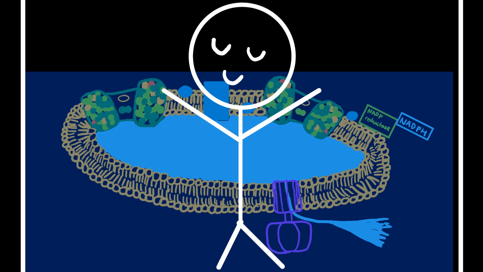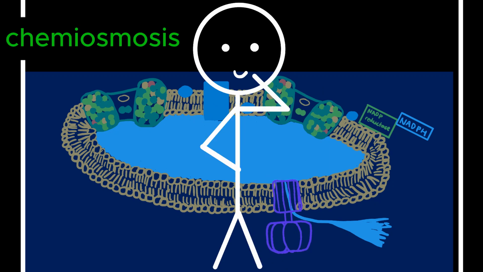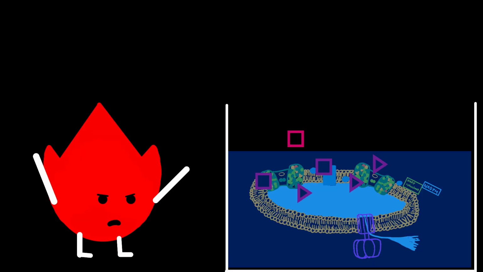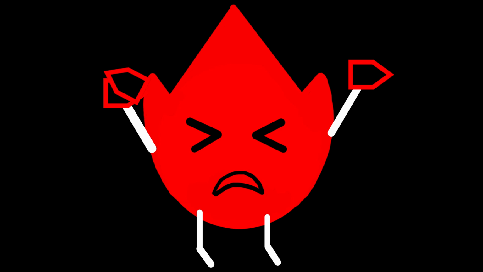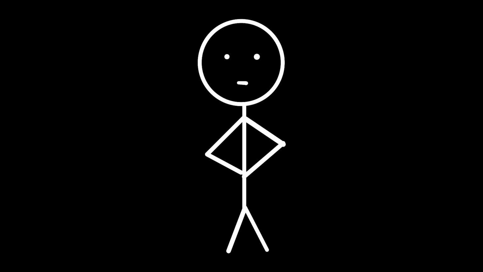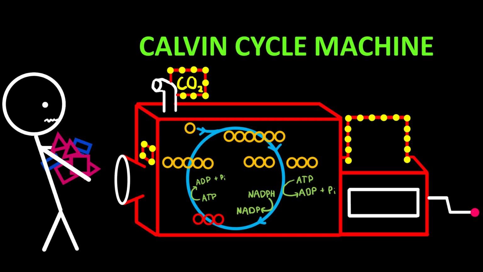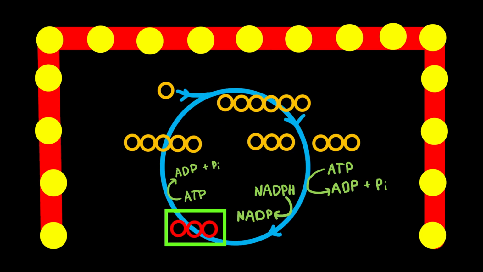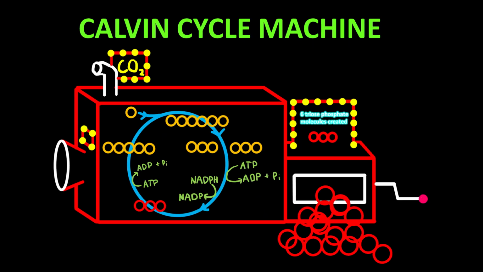ATPase is working now. This is what H2O meant by chemiosmosis. Let's put ADP and phosphate groups in. Finally, quick, we need to make glucose for H2O. Let's put NADPH and ATP into the Calvin cycle. 6 triose phosphate molecules created.